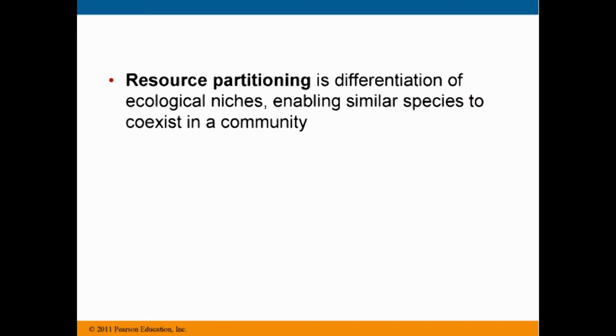Resource partitioning can help with having niches that are different, and this can enable similar species to coexist in a community. So it's a way of sharing the resources that are present, and each of the species would have a very slight difference in what they may feed upon, for example.